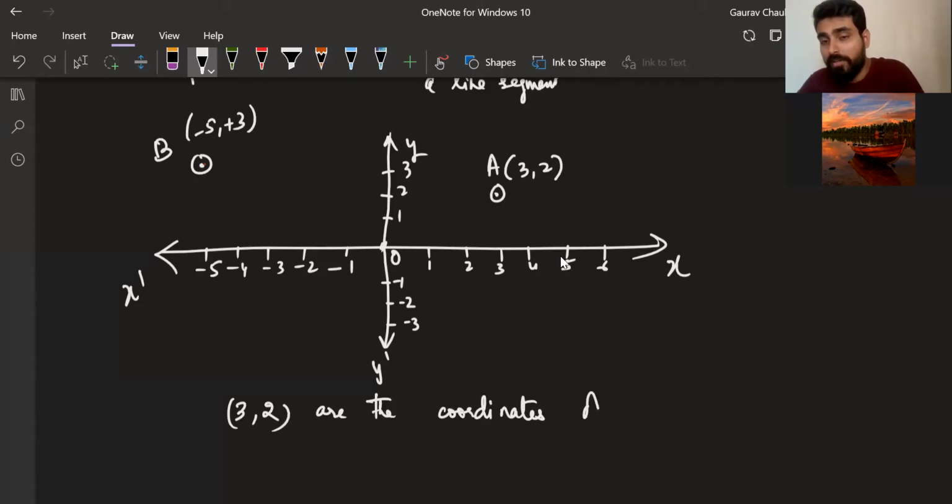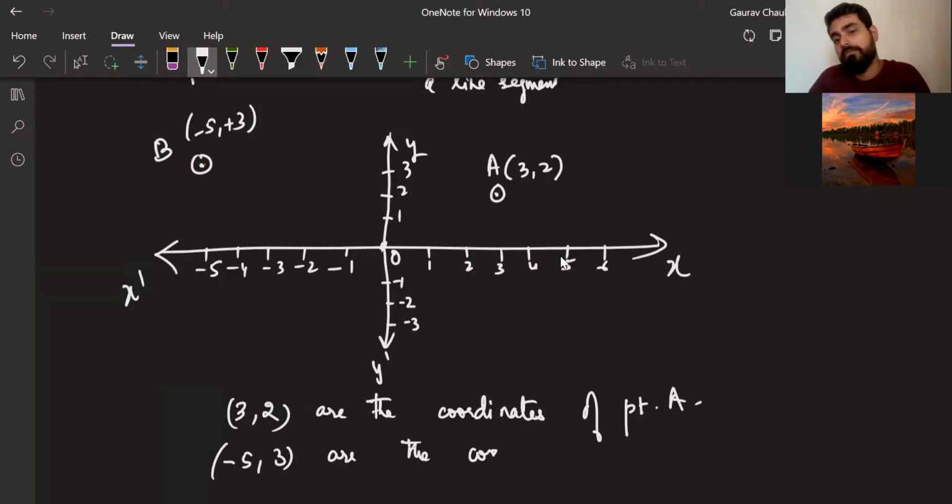So 3, 2 are the coordinates of point A, all right? And -5, 3 are the coordinates of point B, all right? So this is another piece of language which you need to be good at.